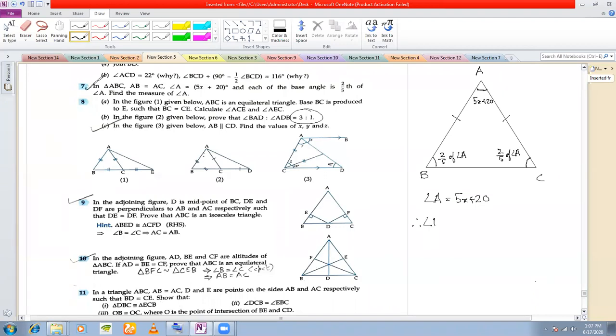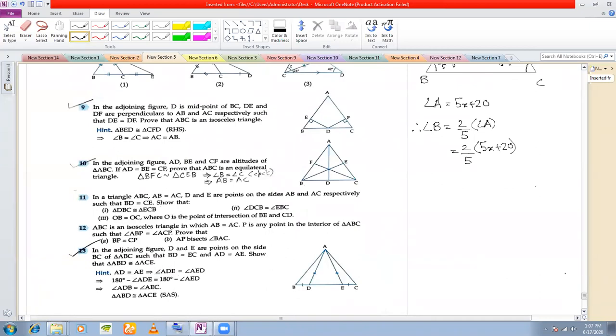So angle A is given to be 5x plus 20. Therefore, what is angle B? Angle B is 2/5 of angle A, which is 2/5 of 5x plus 20. If you want, you can simplify this expression a little bit. You write 2/5 as it is, and out of these two terms, 5 is the HCF. So you take the 5 out, you get x plus 4. Now this 5 and this 5 cancel.